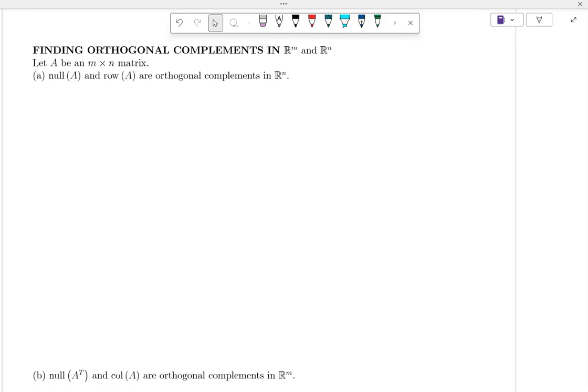Let's see why. What was the null space again? Yes, it's the solutions of AX equals 0. It's the space of solutions of the homogeneous system.